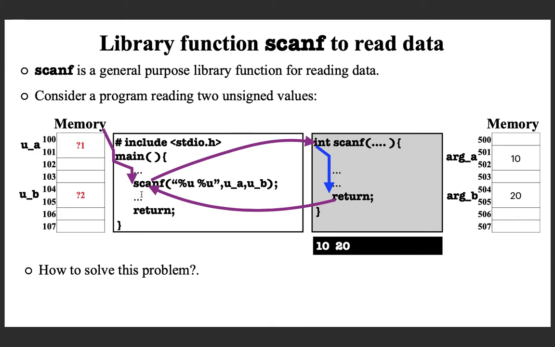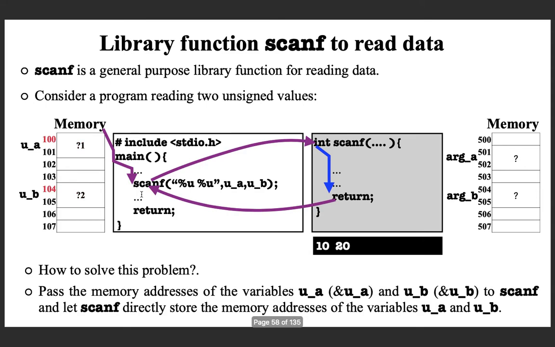And the C language has provided a solution, and which is pass the memory addresses of the variable unsigned A and unsigned B. Rather than passing UA and UB, you pass ampersand UA and ampersand UB. Rather than passing the values, which is unknown 1 and 2, you pass the addresses, that is 100 and 104.